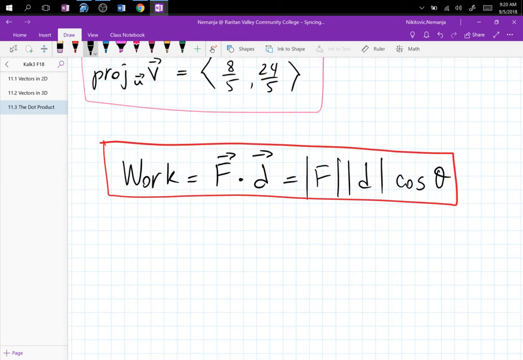So as you push that crate at an angle, you can compute the work.